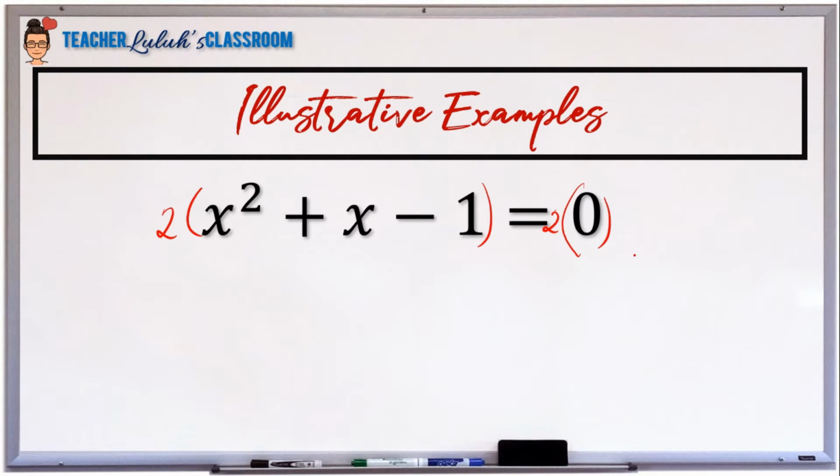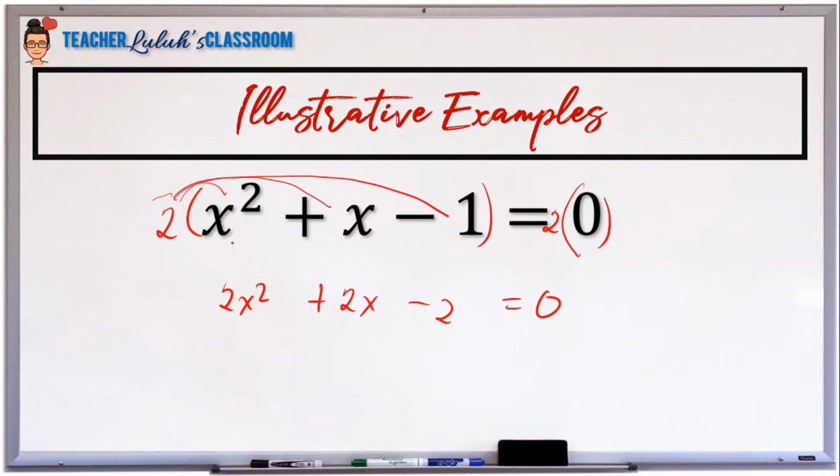So, I could multiply both sides by 2, which will give me 2x squared plus 2x minus 2. Dinistribute po yun. Okay? Equals 2 times 0 is 0. Okay, this is also a standard form, but equivalent to the first one.